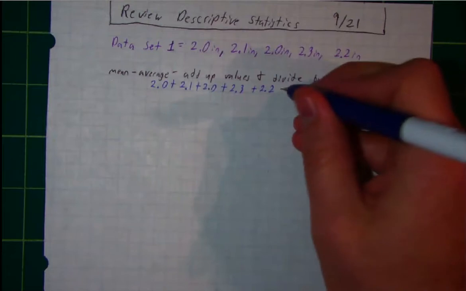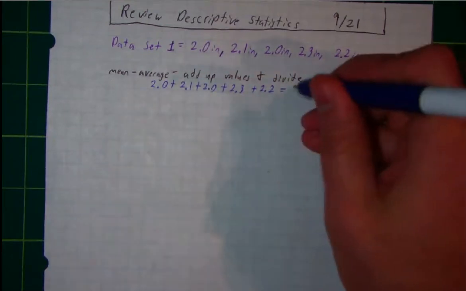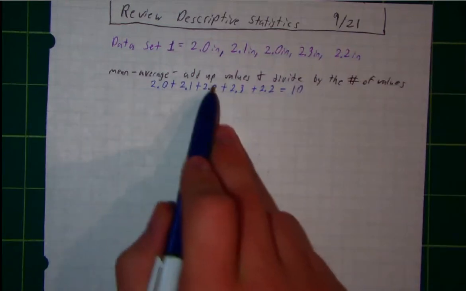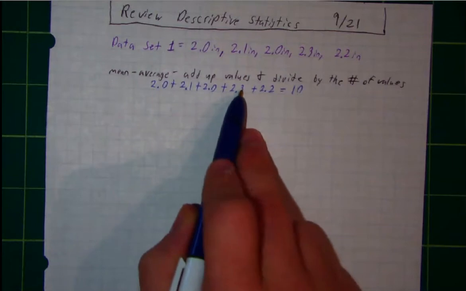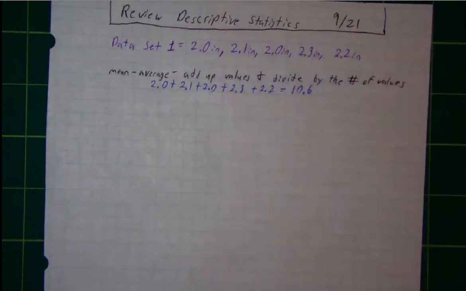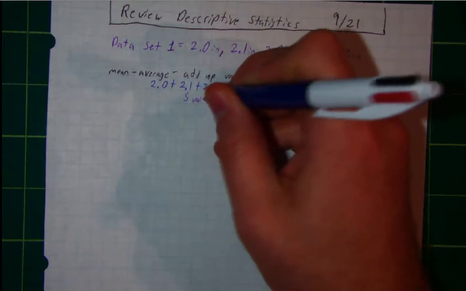And if we add all these up, well, we got 5 2s, so 2, 4, 6, 8, 10. It equals 10, and then 0.0, 0.1, so we got 0.1, plus 0.0 is still 0.1, plus 0.3 is 0.4, plus 0.2 is 0.6. Okay, so these totally add up to 10.6, and of course we have 5 values.